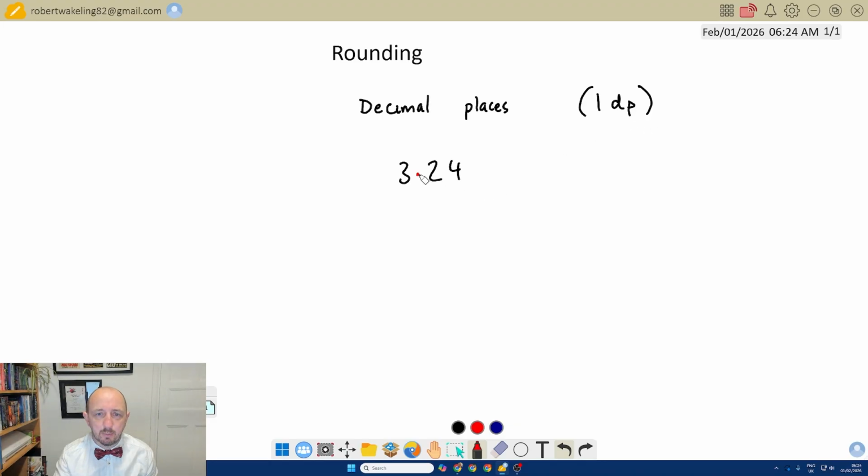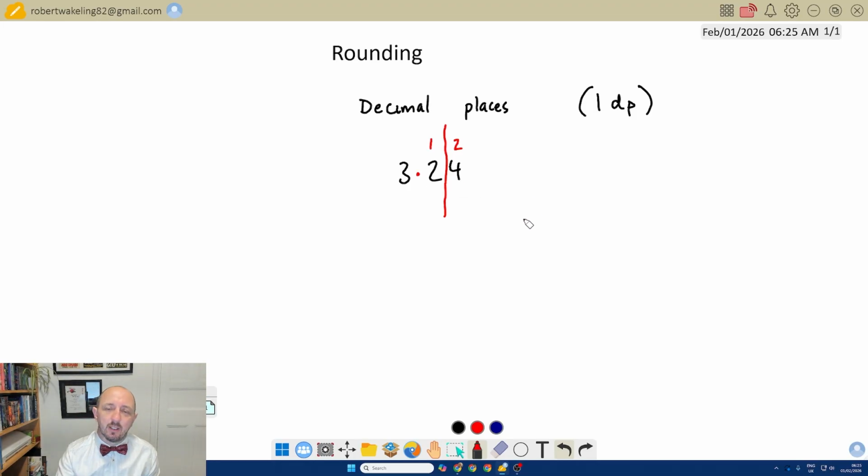So there's a decimal point. This is the first decimal place, and this would be the second. We want to cut this after the first. So you should always have a number where you have 1 digit after the dot.